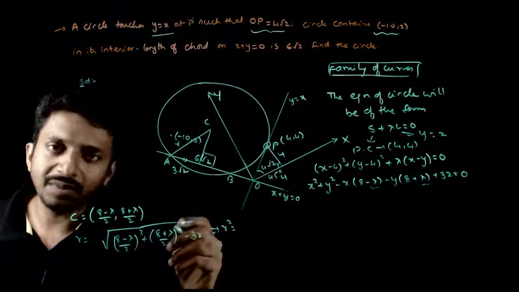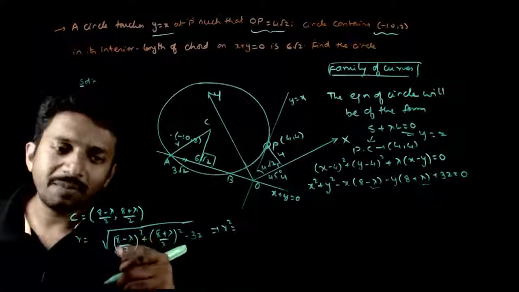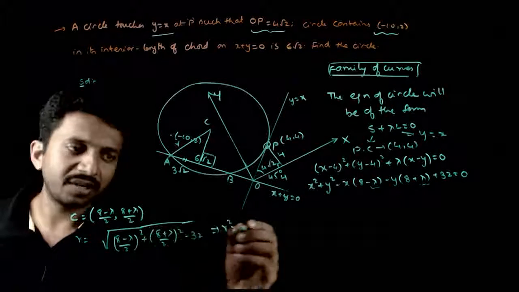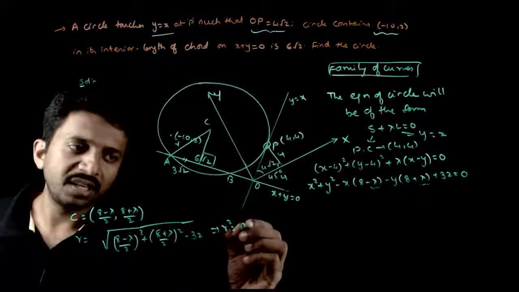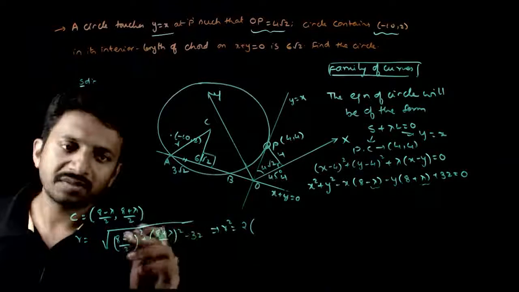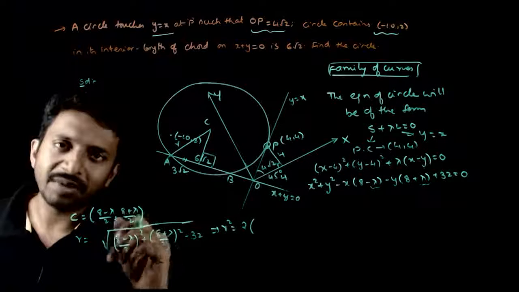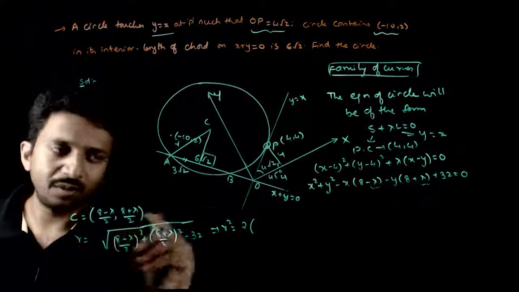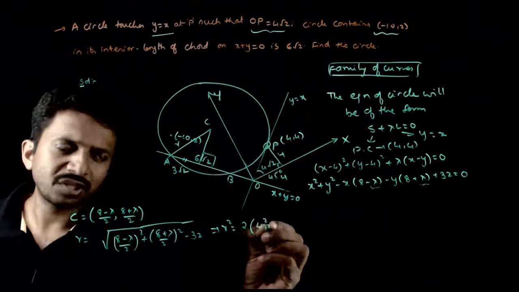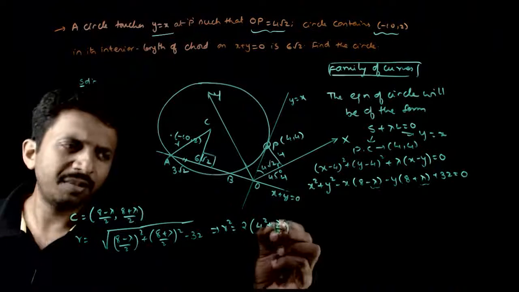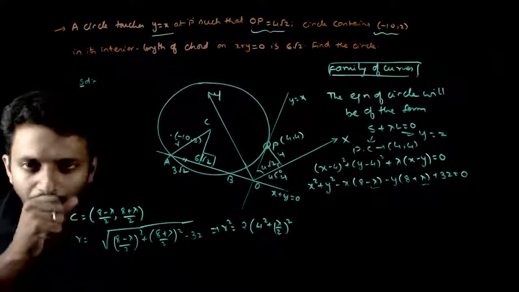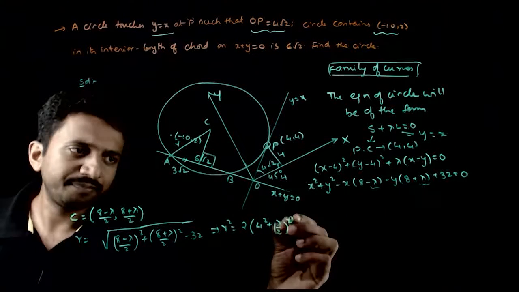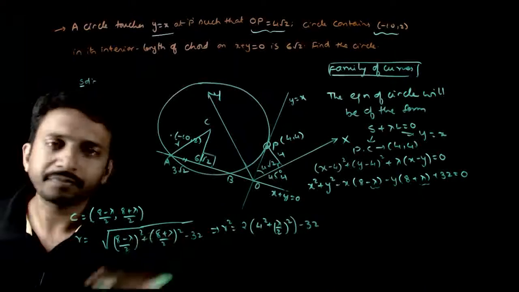This implies r square equals ((8 minus lambda)/2 minus... whole square plus (a plus b) whole square, which is nothing but (a plus b) whole square plus (a minus b) whole square, equals 2 times (a square plus b square). So r square is 2 times ((4 minus lambda/2) whole square plus (4 plus lambda/2) whole square), that is 2 times (4 square plus (lambda/2) whole square), minus 32.